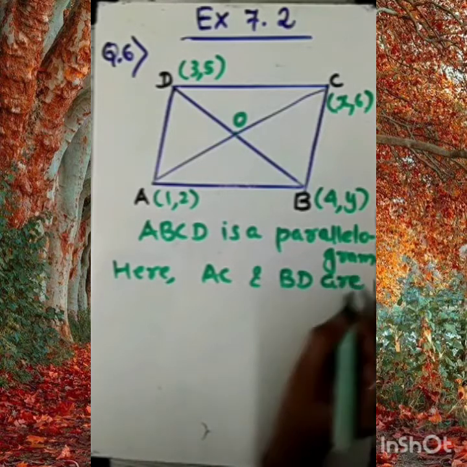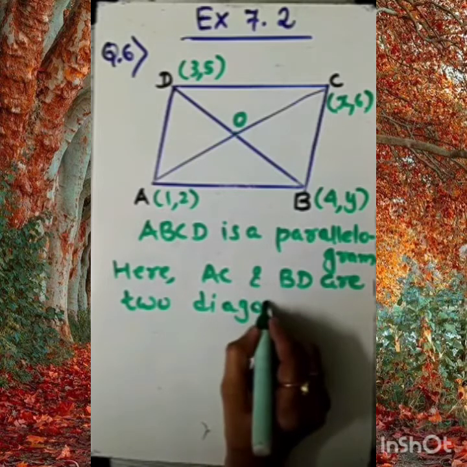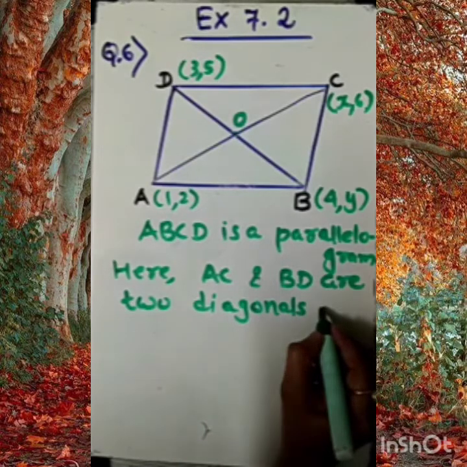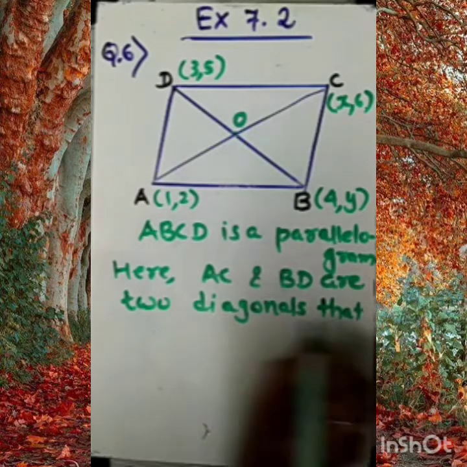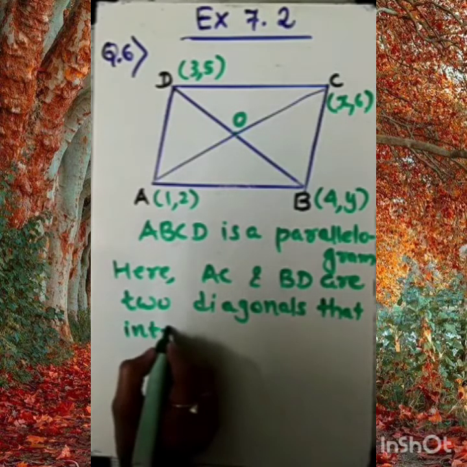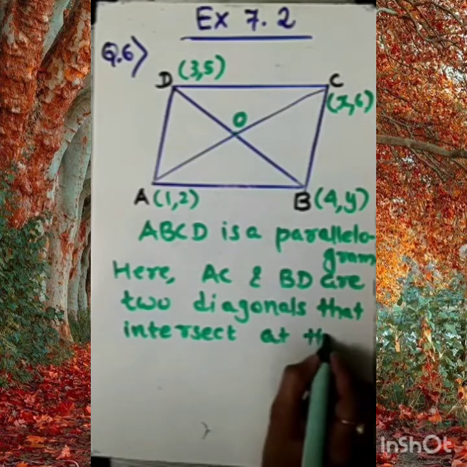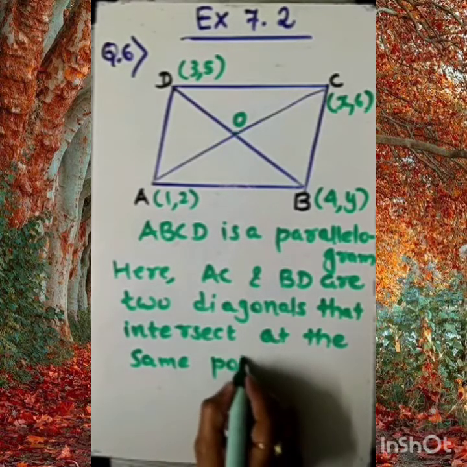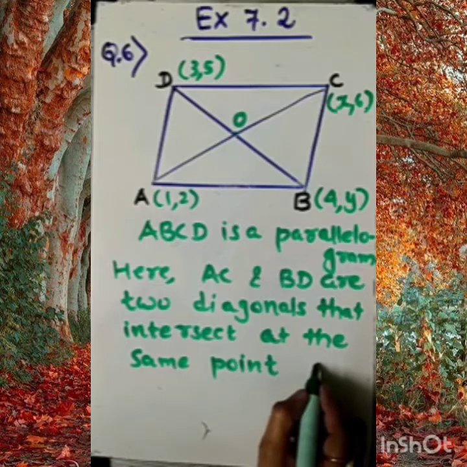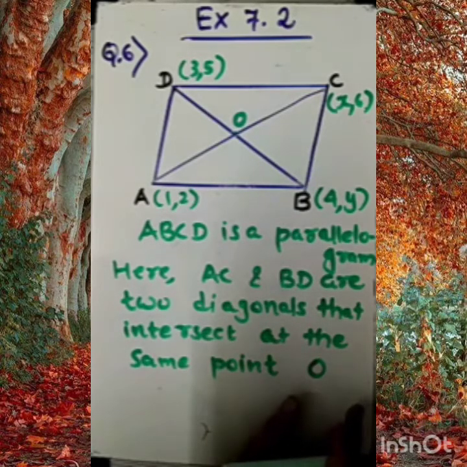These are the two diagonals of the parallelogram ABCD that intersect at the same point. Let me call this point O, where they are intersecting. We do not know its coordinates, which we have to find.